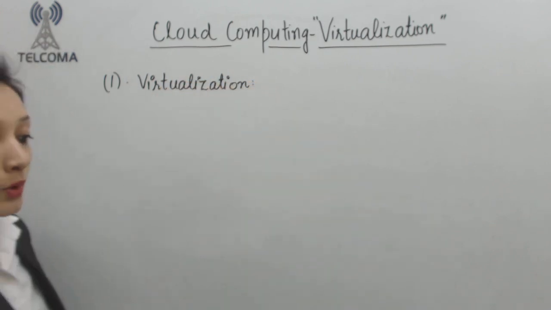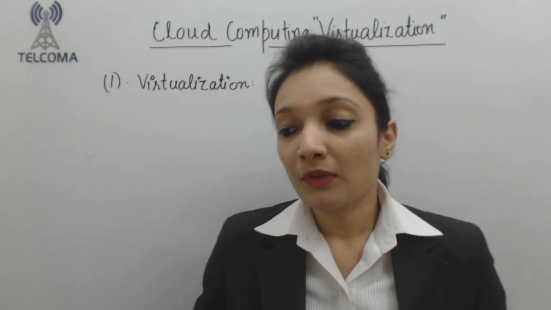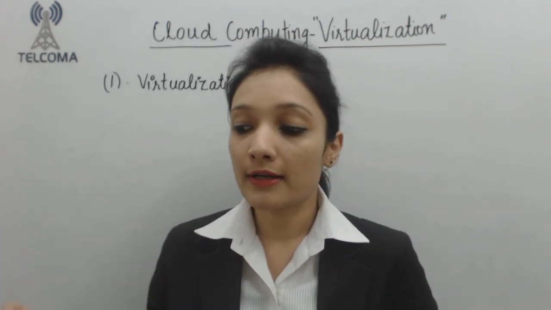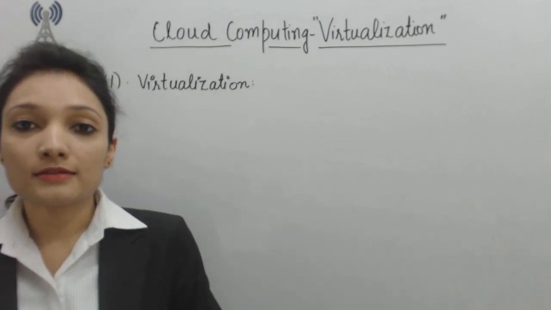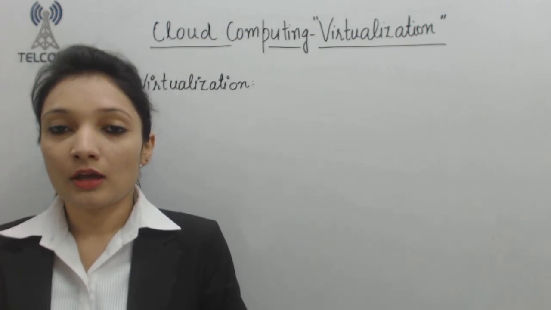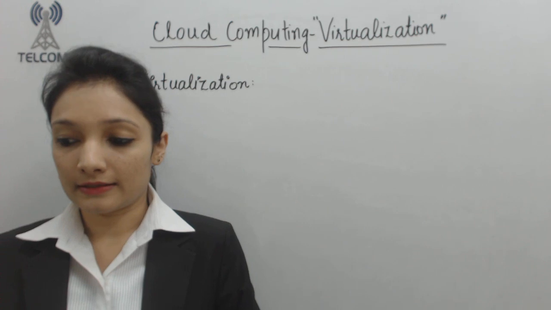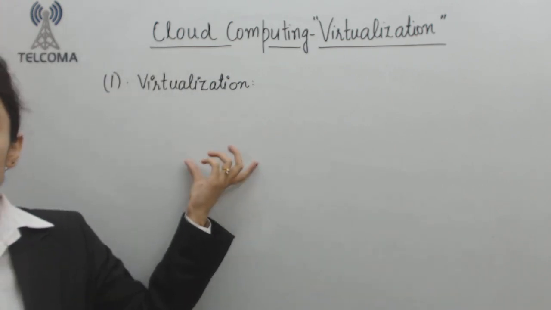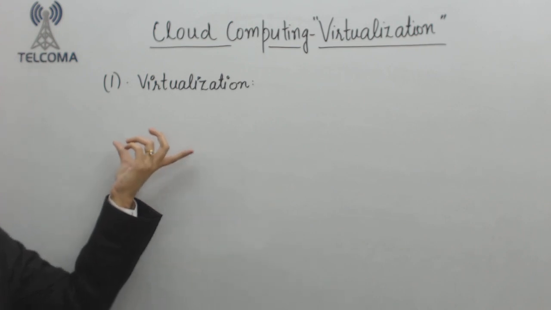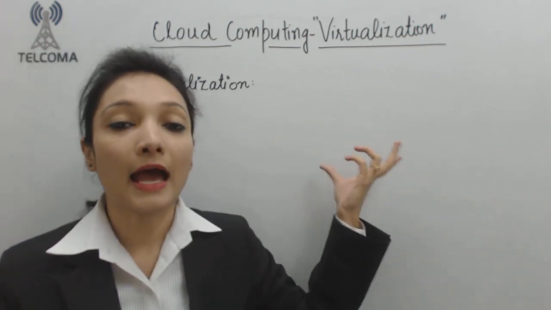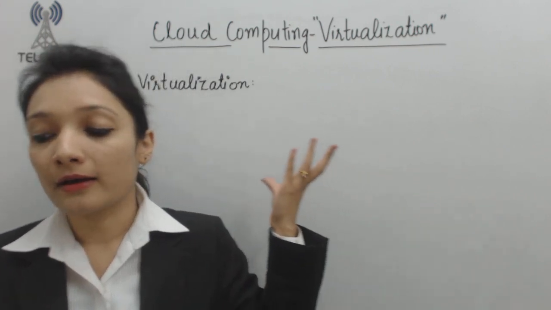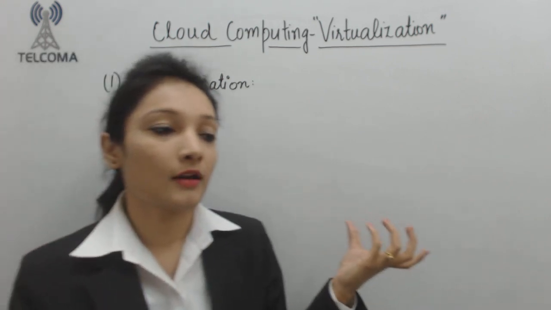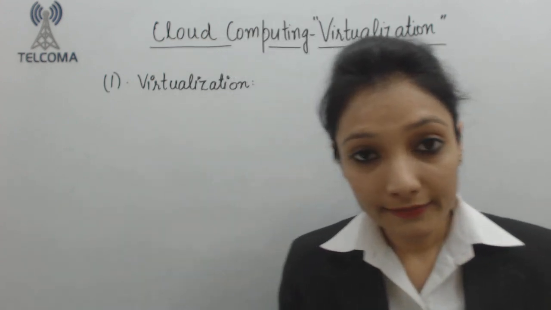Now, virtualization is basically a technique which allows sharing a single physical instance of an application among multiple tenants. We can say that a single physical instance, a particular resource, can be shared among a number of tenants.